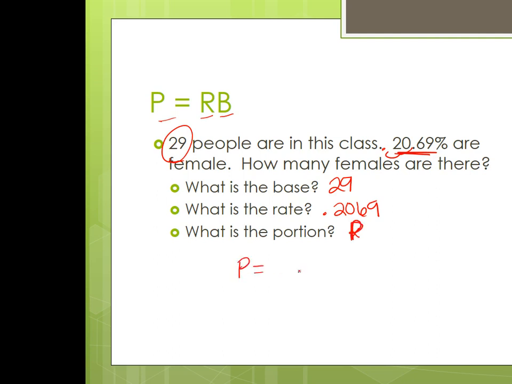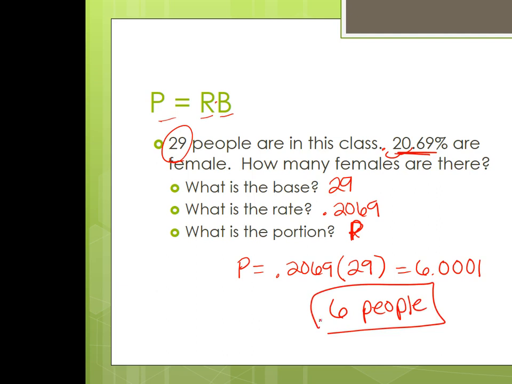So the portion is the rate, which is 0.2069, times, whenever they're next to each other, they're being multiplied, times the base, which is 29. You can plug that into your calculator. If you do that, 0.2069 times 29 gives you 6.0001. So we can say 6 people. So there are 6 females in the class.